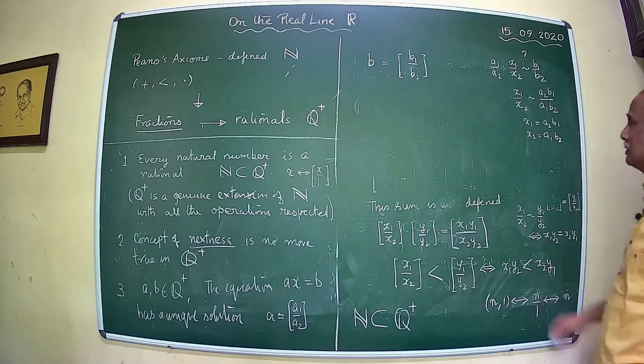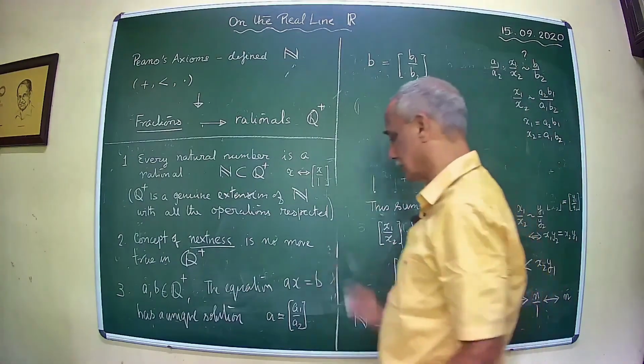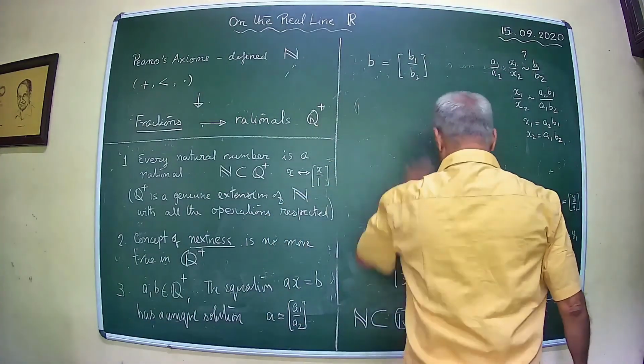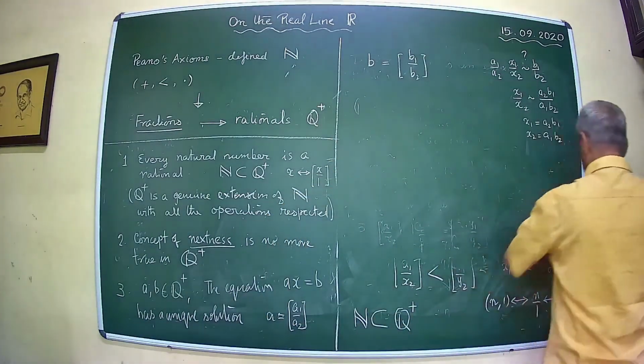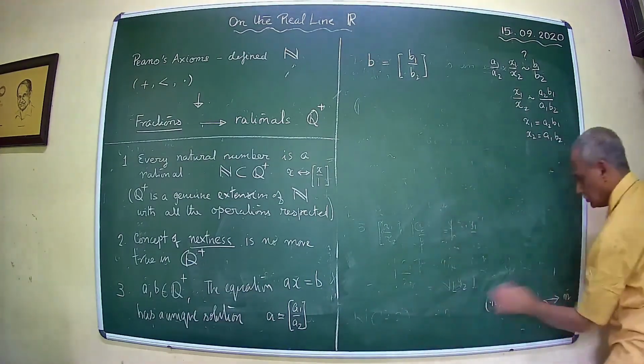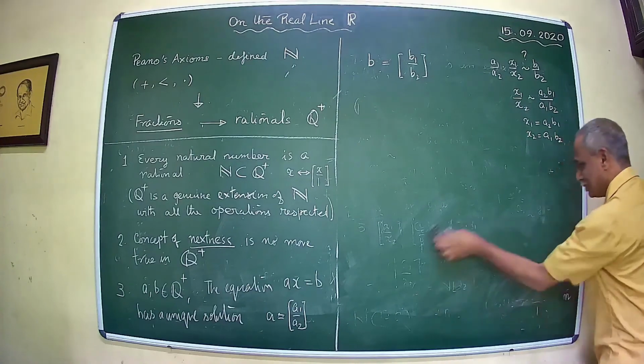That's it. So there exists such an x. Oh, sorry, this is true for every choice of a and b. So this equation always has a solution.